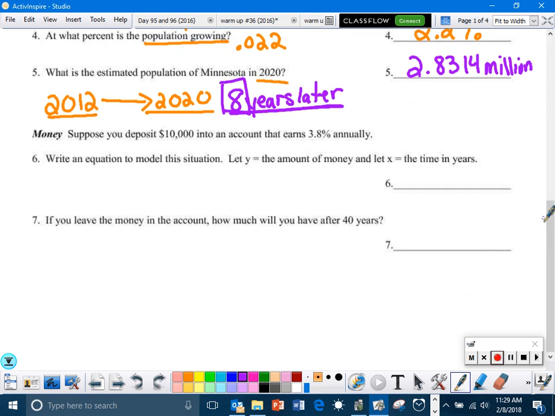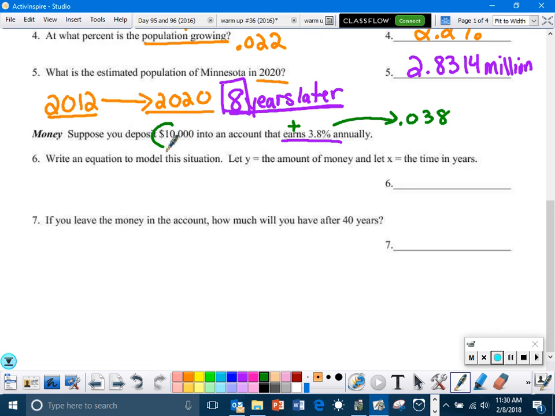Okay, moving on. Suppose you deposit $10,000 into an account that earns 3.8% annually. Well, you are earning money, so we know that's going to be a plus, and the decimal for 3.8 is 0.038.